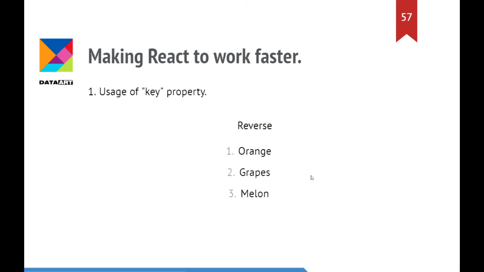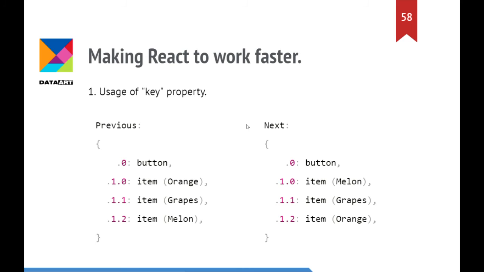Okay, and let's have an example here. We've got a reverse button, and we have some items like orange, grapes, and melon. Whenever we press this button, the order of those things changes. So at first we had such a structure as .0 is button, then there were oranges, grapes, and melons, and the next instances are the same button, melons, grapes, and oranges.